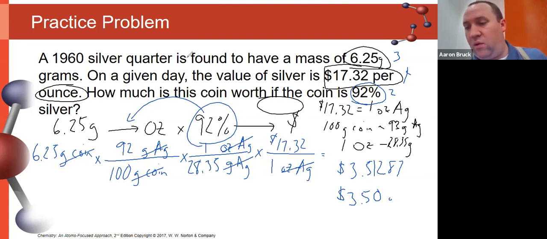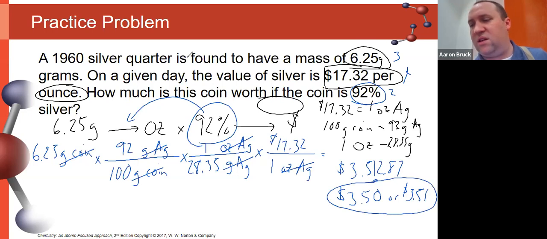However, it would be easily acceptable to round to the cent, since that's our lowest form of currency. So $3.51 would be considered acceptable here as well.